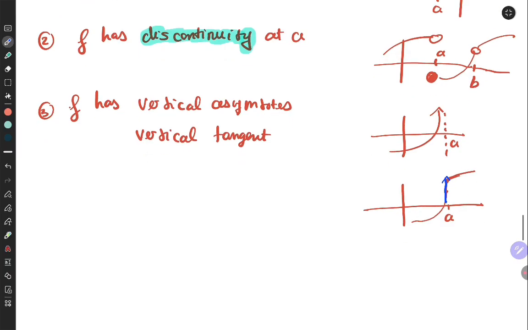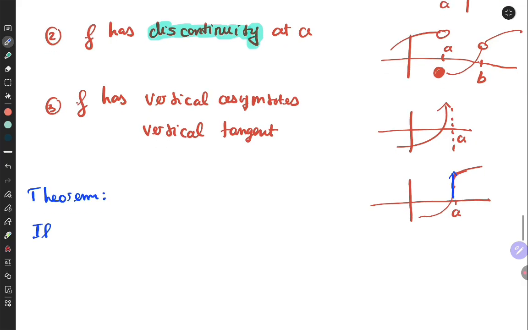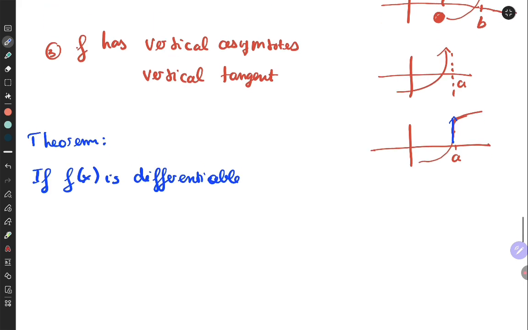Therefore, we have a very important theorem. If a function f of x is differentiable, then f of x is continuous.